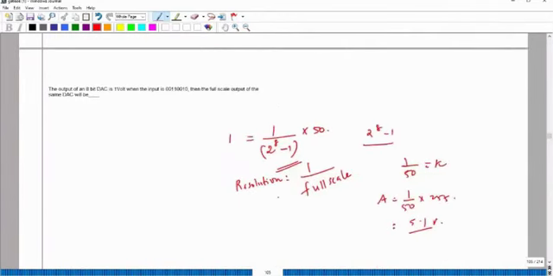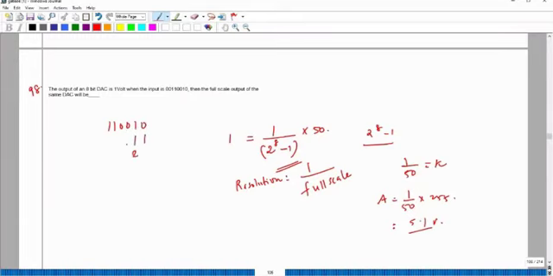So next, 98. Here they have given a digital input and ask what is the full scale output of the same DAC. So, 110010. What is 110010?